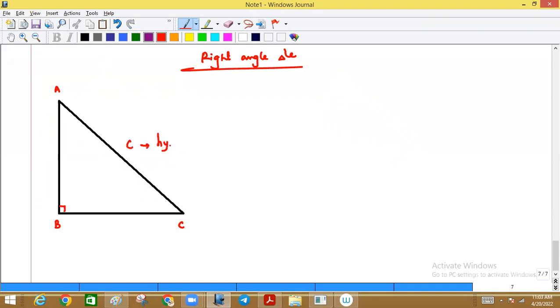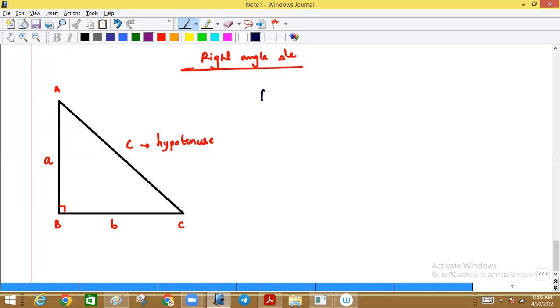Hypotenuse. The other two sides are called legs of the right angle triangle. Here A and B are legs of the right angle triangle and C is the hypotenuse. You can say A is a base or B is a base. If B becomes the base, A becomes the height. If A becomes the base, B becomes the height. A triangle can rest on any of the three sides. C is the hypotenuse, and the other two sides are called legs.